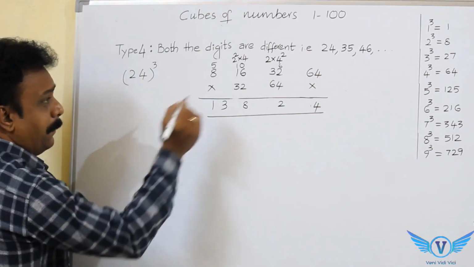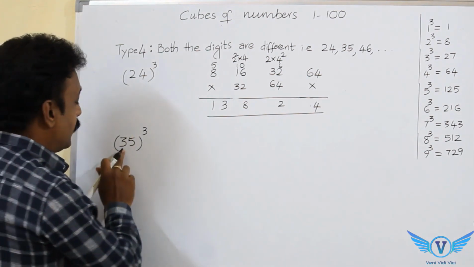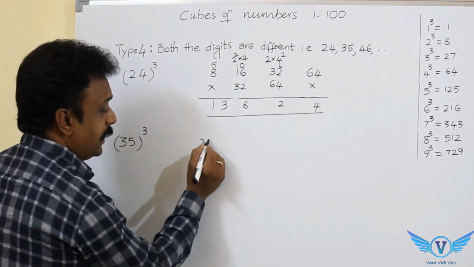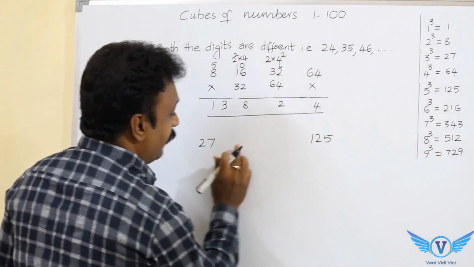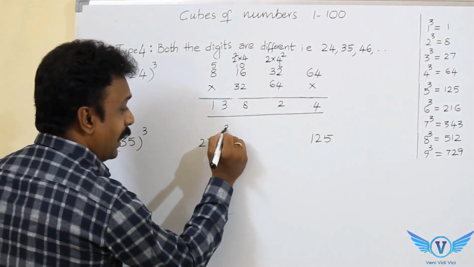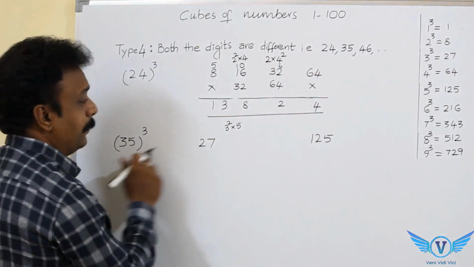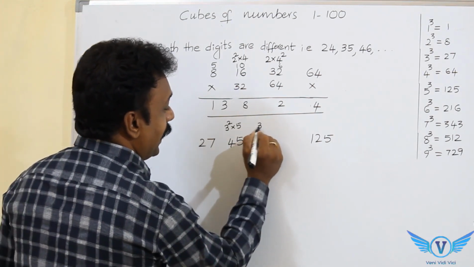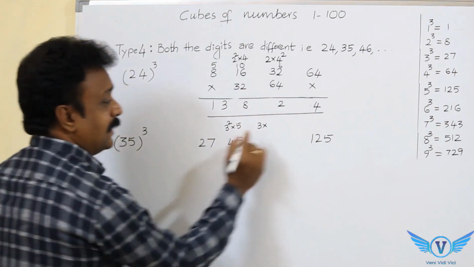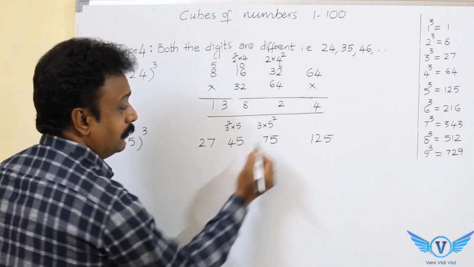Next, let us take 35 cube. First, cube of 3, 27. Cube of 5, 125. In between, I will write square of first digit into second digit. So 3 square into 5, 9 into 5, 45. Second time, 3 into square of the second digit, 5 square. 3 into 25, 75.